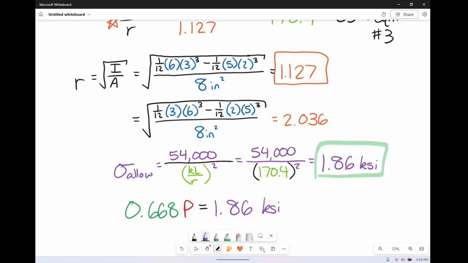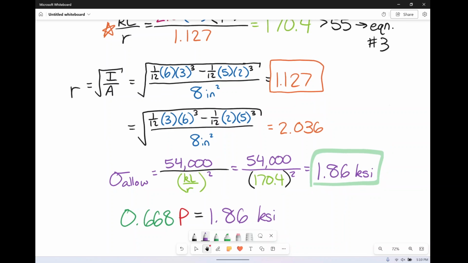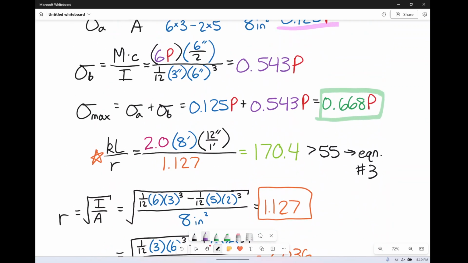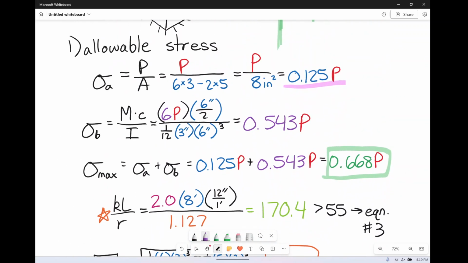Now, technically, I should have been a good person and kept up with my units the whole way, but you're noticing that we have inches divided by inches to the 4, so that's technically going to be in whatever p is divided by inches squared. And that one's definitely in 1 over inches squared as well. P divided by 8 inches squared, so therefore this is going to be in 1 over inches squared.